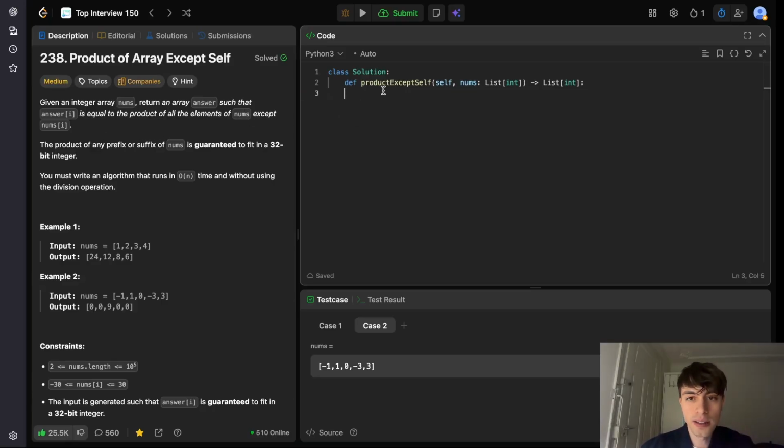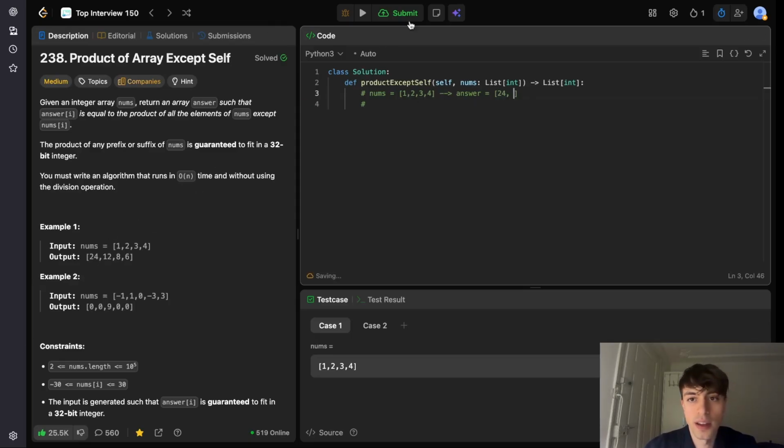So according to what I understand, there are a few nums, 1, 2, 3, 4, and we want to return an array answer. So nums is this. This implies that answer should be equal to, this first element should be 2 times 3 times 4, which is 24.